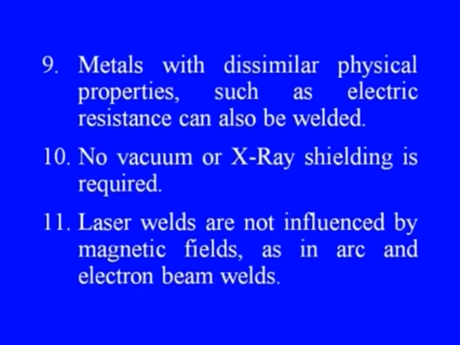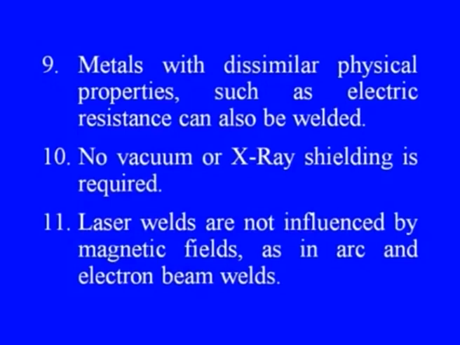Metals with dissimilar physical properties, such as electric resistance, can also be welded very effectively here, because electrical resistance does not come into the picture in the laser beam welding process. And no vacuum or X-ray sealing is required in this case, which is clearly an advantageous situation.